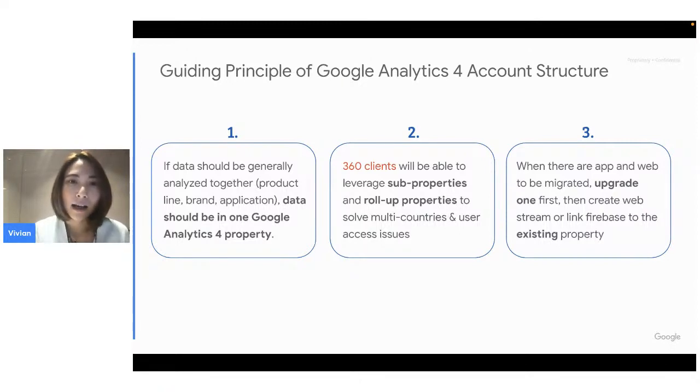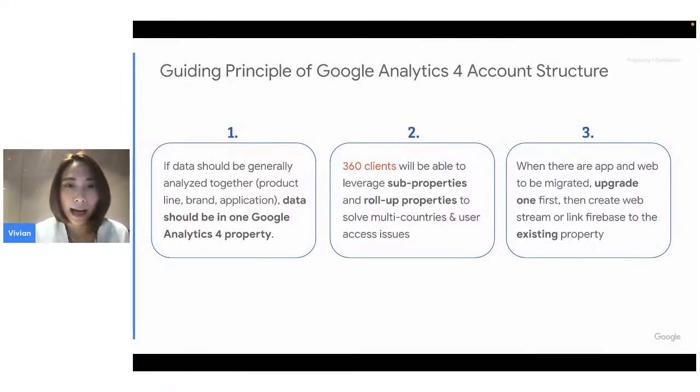And secondly, for 360 clients, they will be able to leverage the sub-properties and the roll-up properties to flexibly arrange their analysis. So for clients who have multi-countries, or they want to set up the user access for different, something like the views in the Universal Analytics, they might want to leverage the sub-properties, which will be officially launched next year.